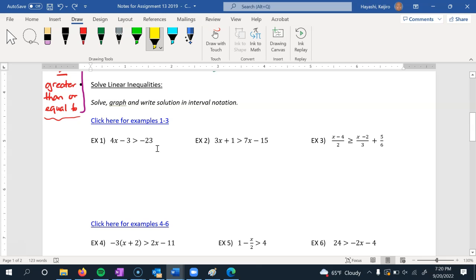But we're going to deal with this very much the same as we would an equation. Treat this symbol in the middle the same way that you would treat an equal sign. Whatever you do to the left-hand side, you must also do to the right-hand side. And you're also going to try to get x by itself.